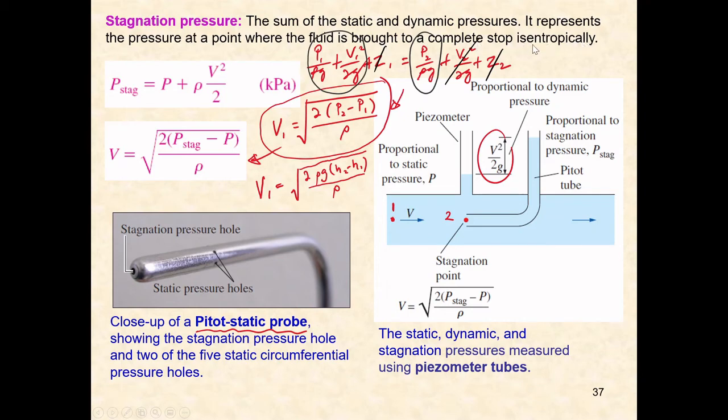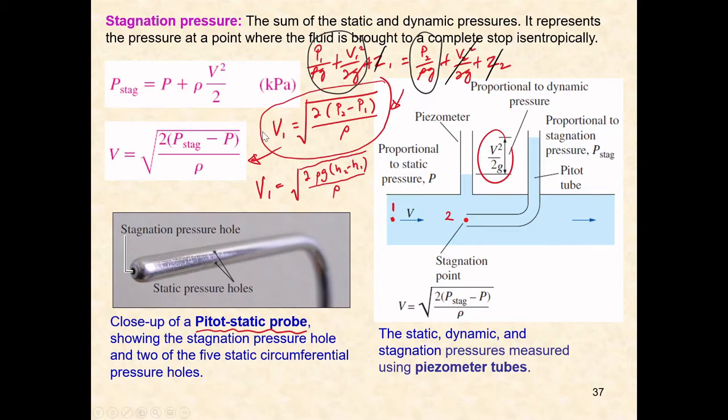Isentropically basically means that there is no transfer of heat and no transfer of mass. It means the fluid just comes to a stop without any additional mass or loss of mass. Okay, that's what it means.